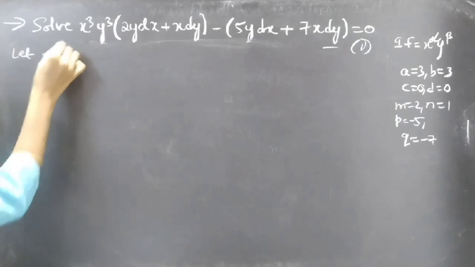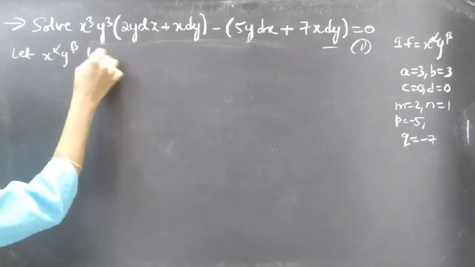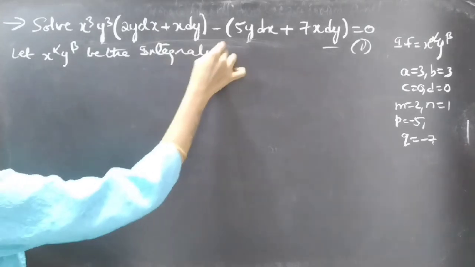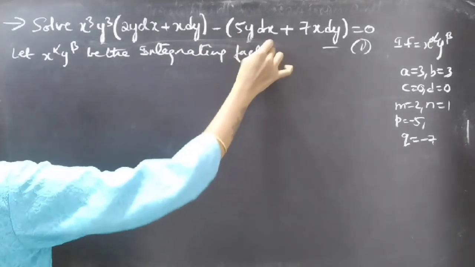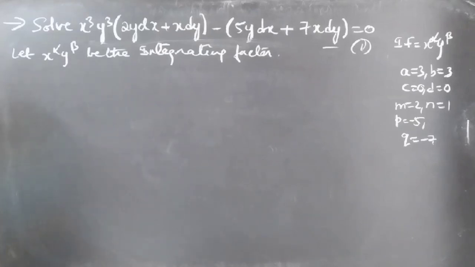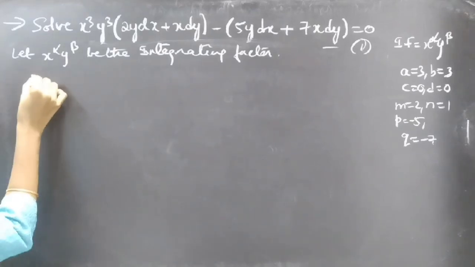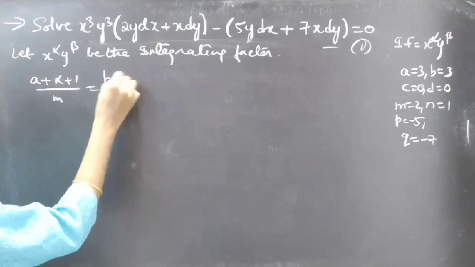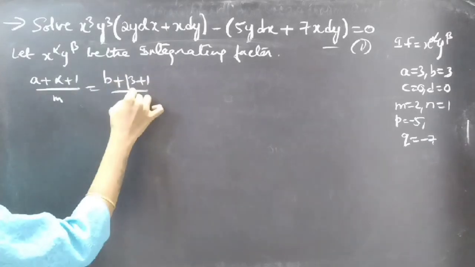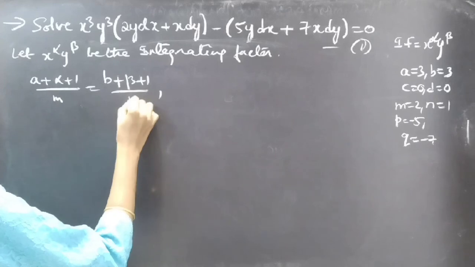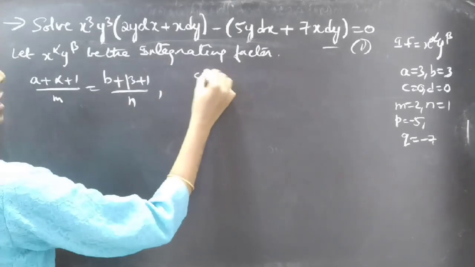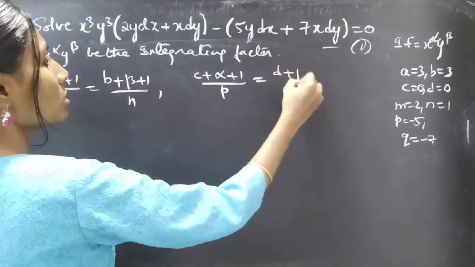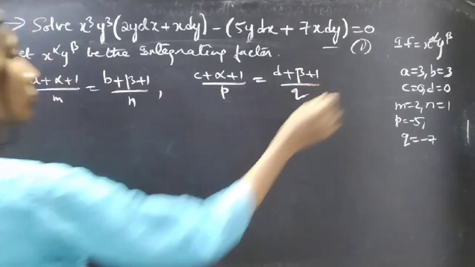Let x power alpha y power beta be the integrating factor. We need to find alpha and beta, and we'll find this using the formula: a plus alpha plus 1 by m equal to b plus beta plus 1 by n, and c plus alpha plus 1 by p equal to d plus beta plus 1 by q.